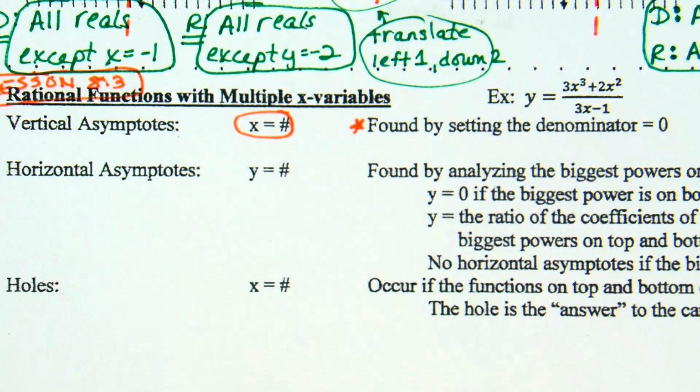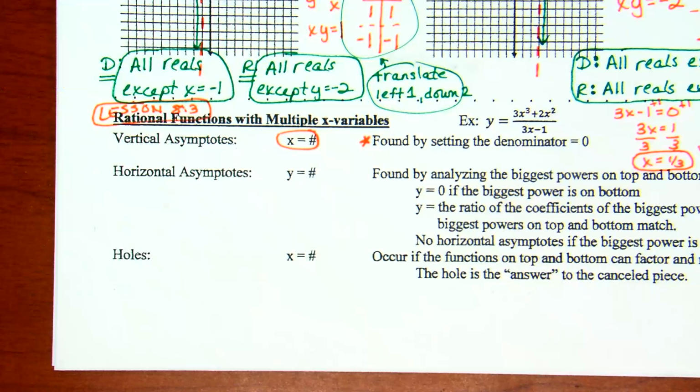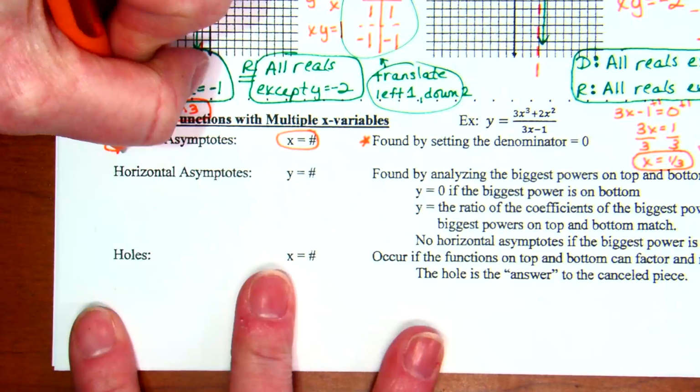So what I want to talk about is that a vertical asymptote is a point of discontinuity. Specifically, it's a non-removable point of discontinuity. So if you're asked what type of discontinuity it is, anytime we talk about a vertical asymptote, it is a non-removable point of discontinuity.